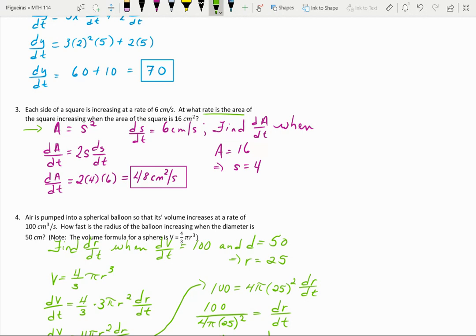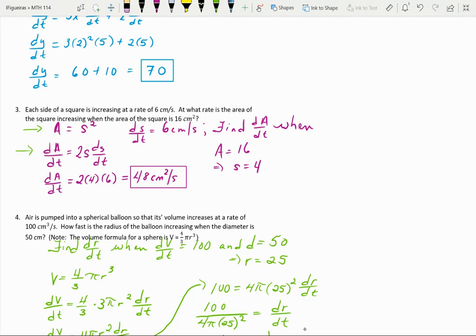So any kind of change, increasing, decreasing, words like that are important. Expanding, shrinking, melting. Those are all words that represent some sort of change in something. So here we take the derivative of both sides. I have dA/dt equals 2s ds/dt.